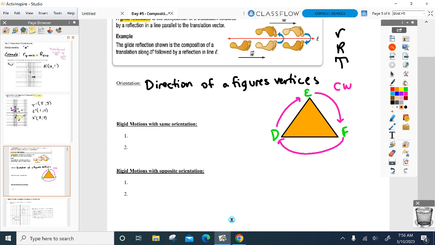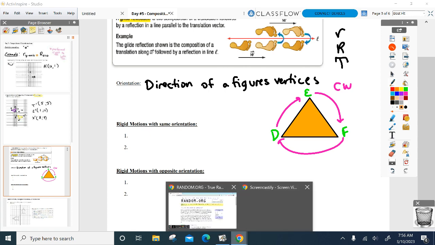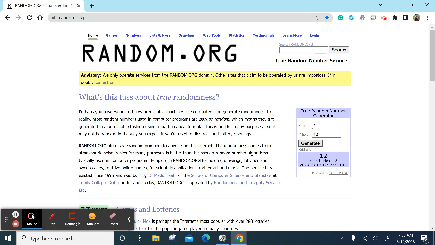Which one of these 3, if I perform them, the vertices would still be going clockwise? Think about which one of these 3 rigid motions would keep the orientation the same. A reflection, a rotation, translation. Which one of the 3 would keep the orientation clockwise still?